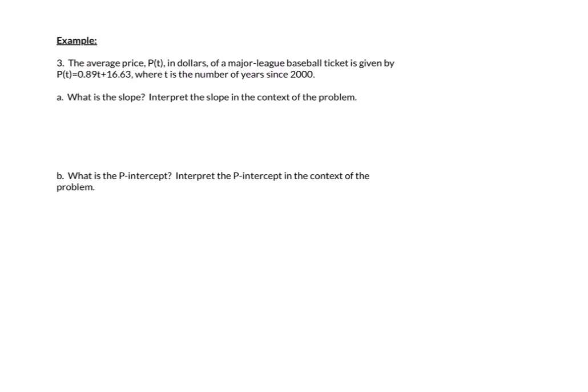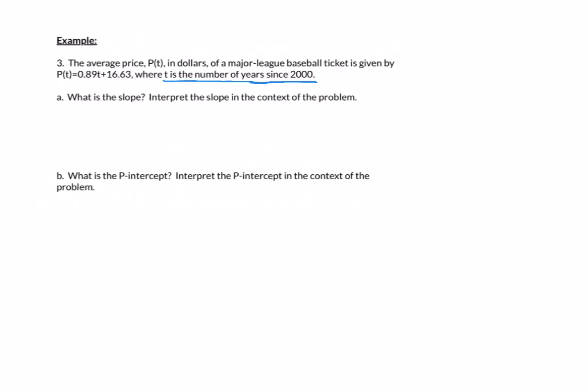We have the average price, P of t in dollars, of a Major League Baseball ticket is given by P of t equals 0.89t plus 16.63, where t is the number of years since 2000. So let's first analyze this part of it, since 2000.